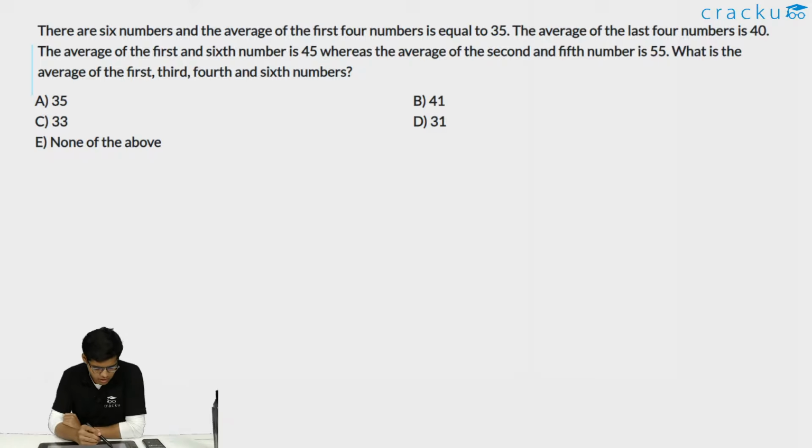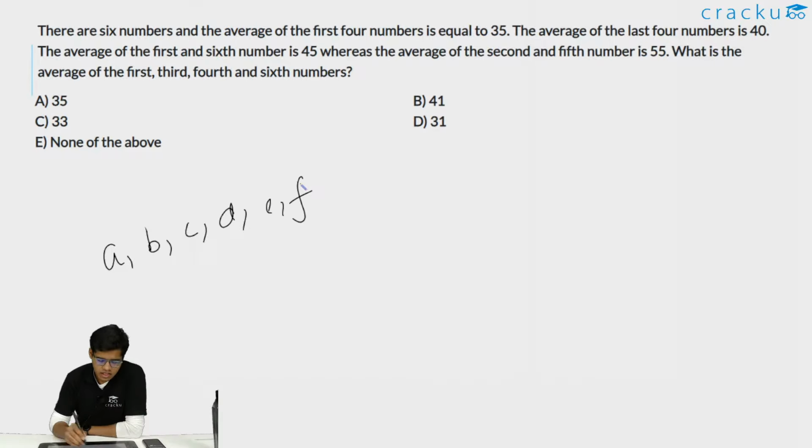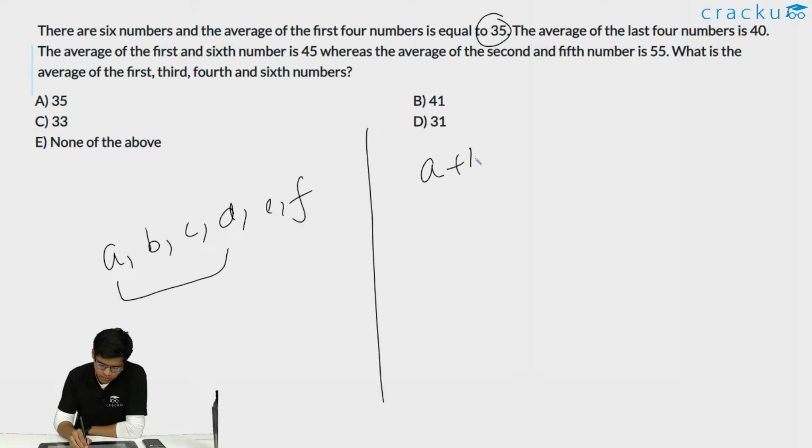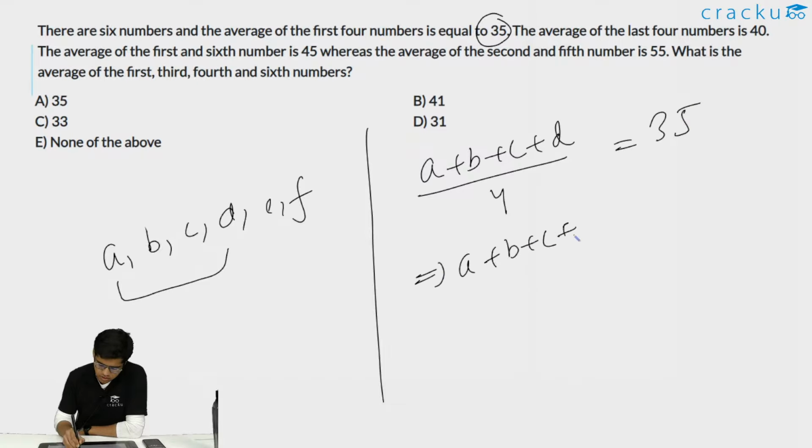Let's see. There are 6 numbers and the average of the first 4 numbers is equal to 35. So 6 numbers: A, B, C, D, E, F. Clear? Average of the first 4 numbers is 35, so (A plus B plus C plus D) by 4 equals 35, or A plus B plus C plus D equals 35 into 4, which is 140.